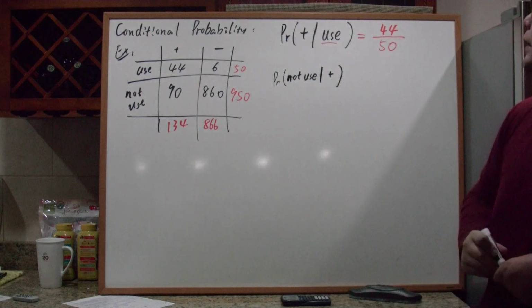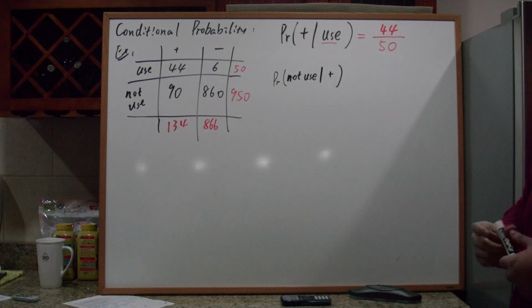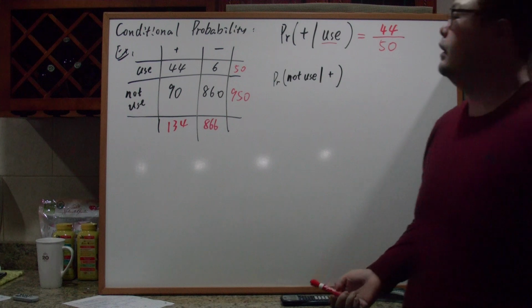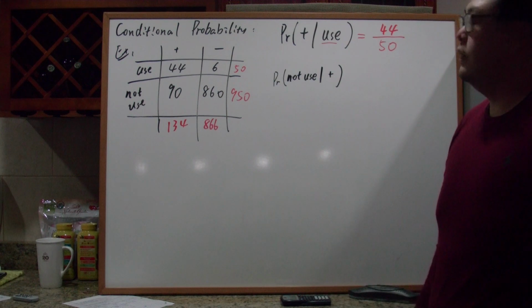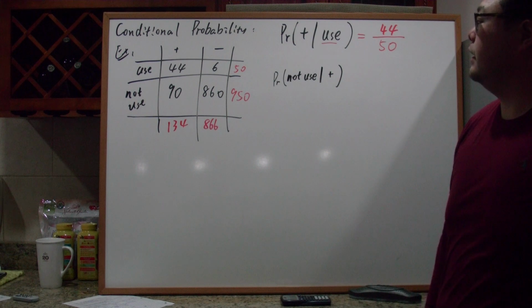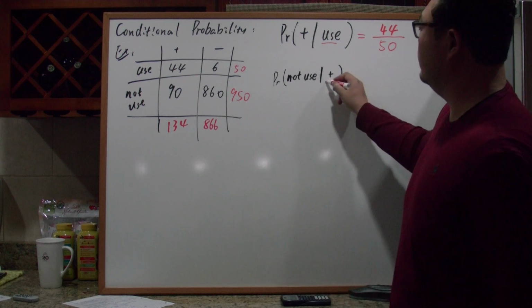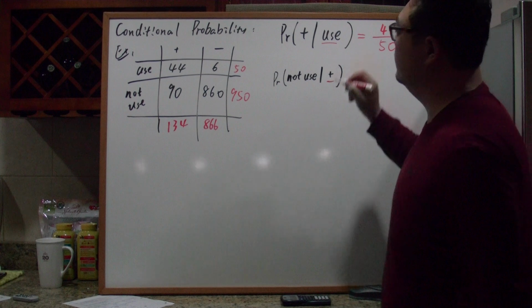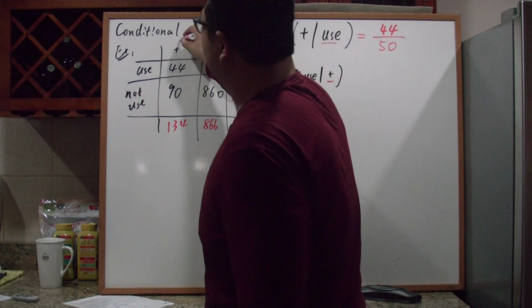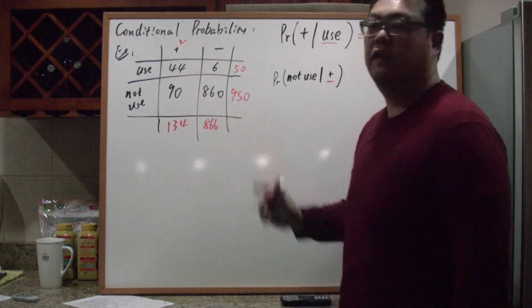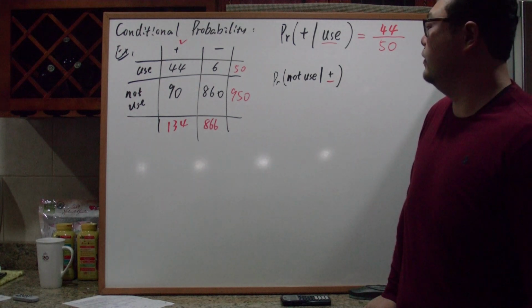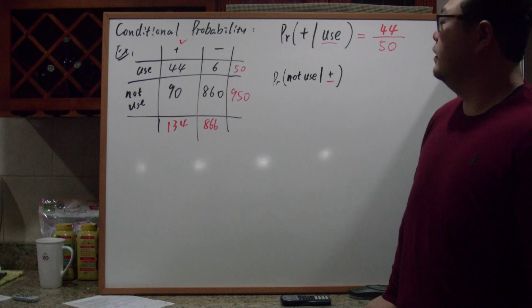To find the probability that one selected does not use drugs, given that it is a positive test result, the condition here is the positive test result, and what we're focusing on is the column of positive test results.